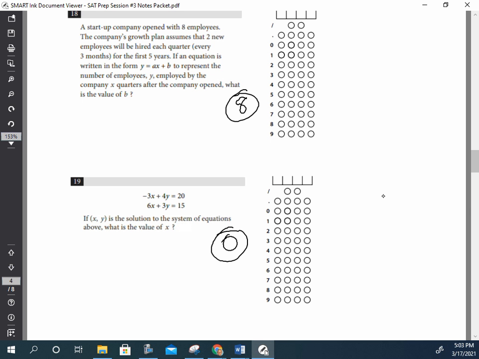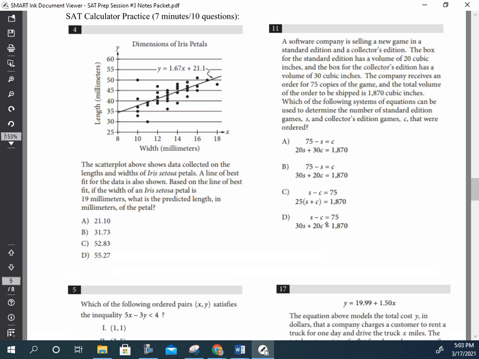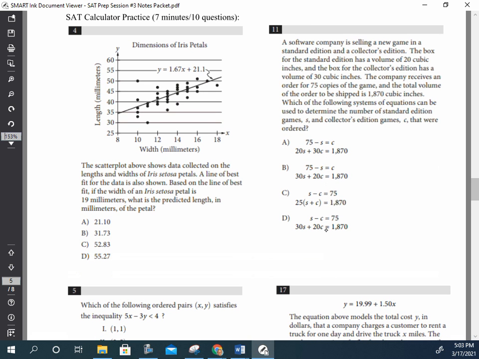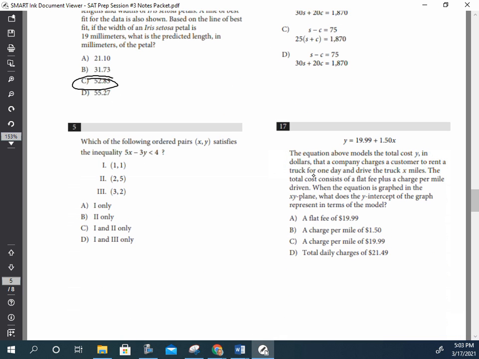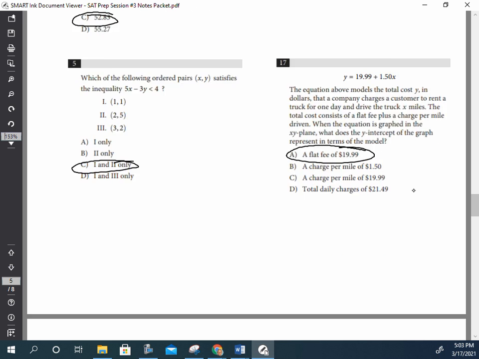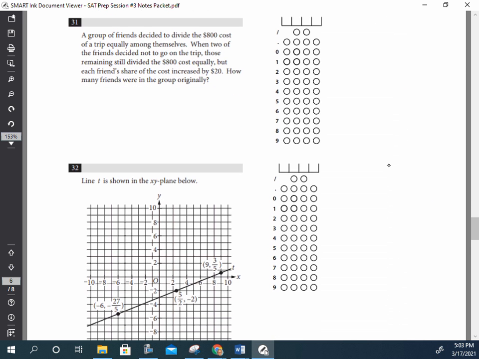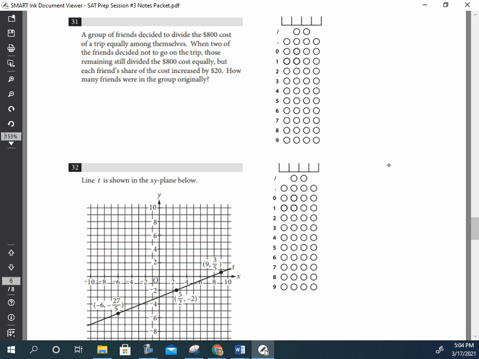We'll switch over to the calculator section. For the calculator section, number 4, the answer was C. Number 11, the answer was A. For number 5, the answer was C. For number 17, the answer was A. And then for the gridded problems, for problem 31, the answer was 10.